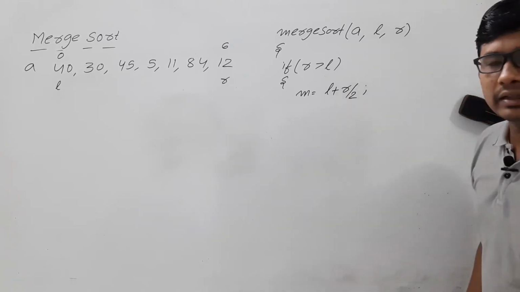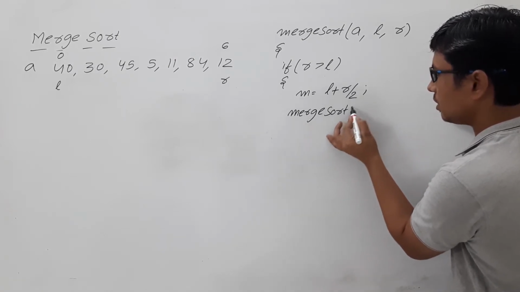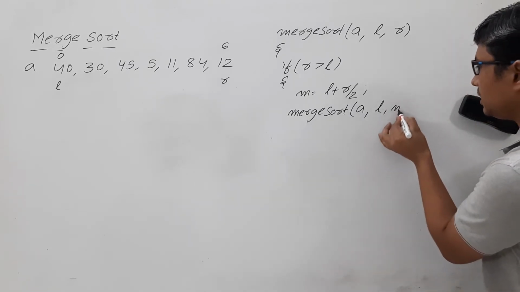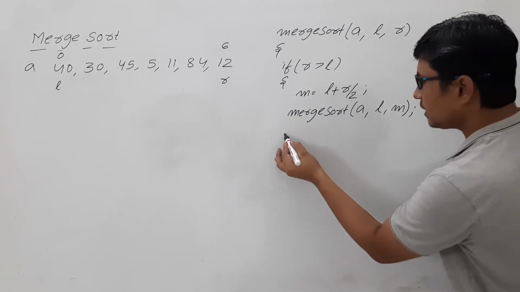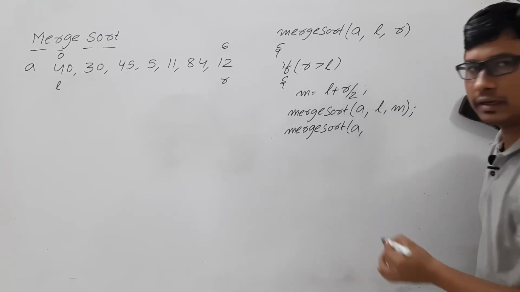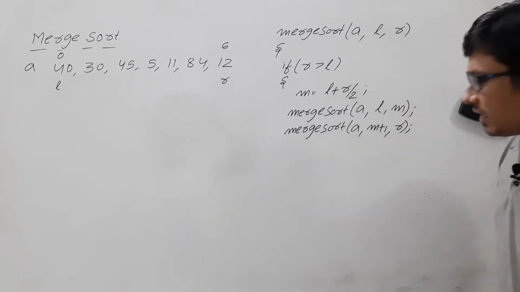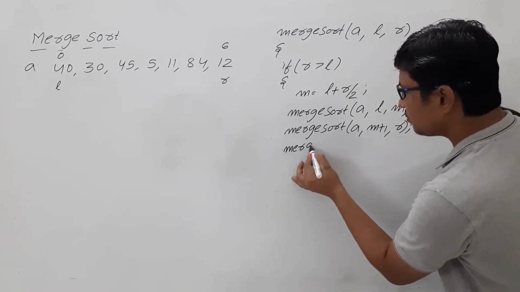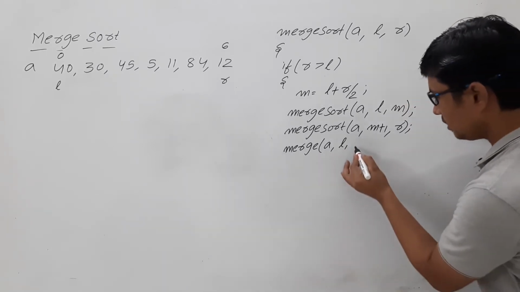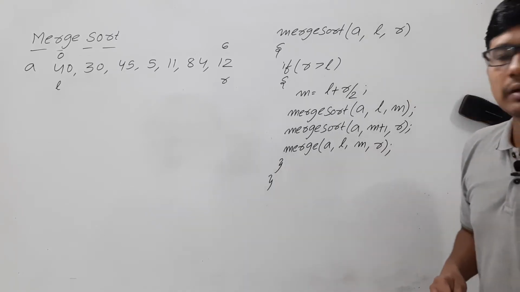And then I will call merge sort on the array A consisting of the elements from L to M. And then again I will call merge sort on the array A consisting of elements from M plus 1 to R. Then finally I will call the merge function on the array A with L, M and R. So this is the pseudocode for merge sort.